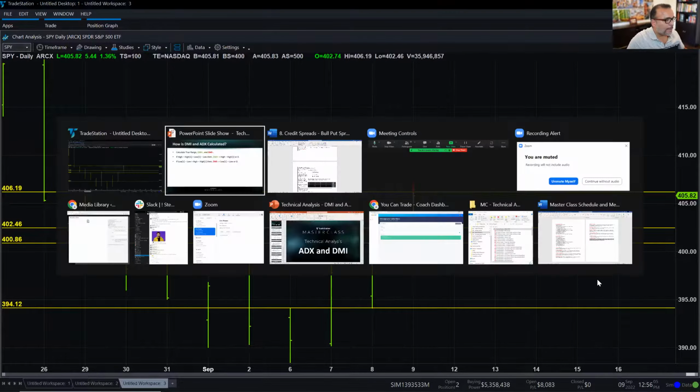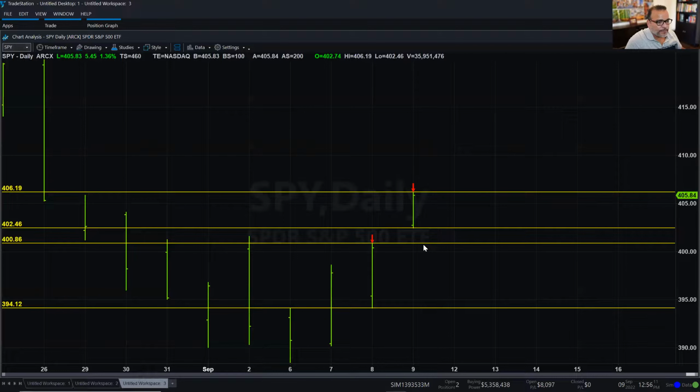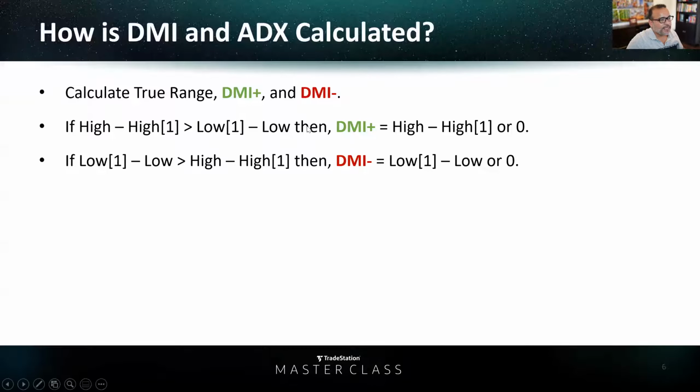According to my PowerPoint, we're saying the high minus the high 1 bar ago. The high of this is 406 minus the high 400, so 406 minus 400 gives us about 6. Let's round the numbers so that we don't overcomplicate. But then it says low of 1 bar ago minus the low of the current bar.